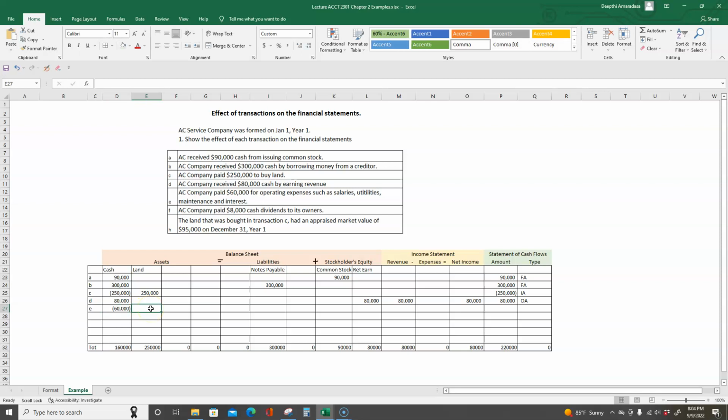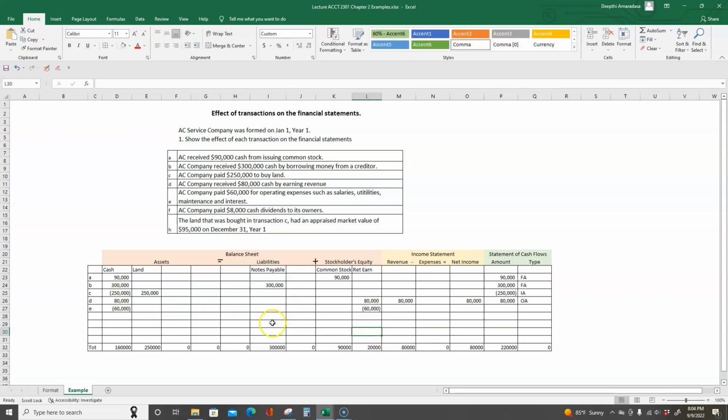What else happened in the balance sheet? We know that expenses have the effect of decreasing stockholder equity, specifically retained earnings. So I'm going to go to retained earnings and say that my expenses increased by $60,000, which causes retained earnings to decrease by $60,000.